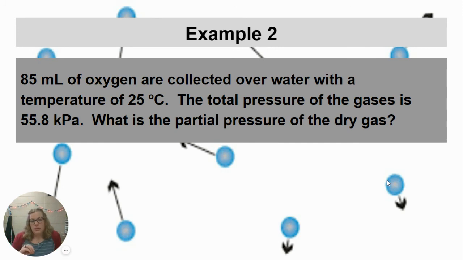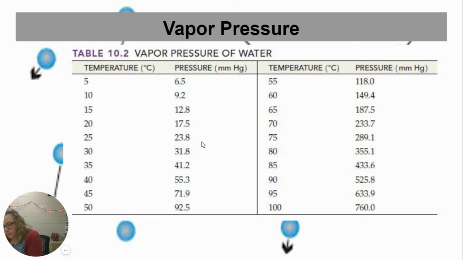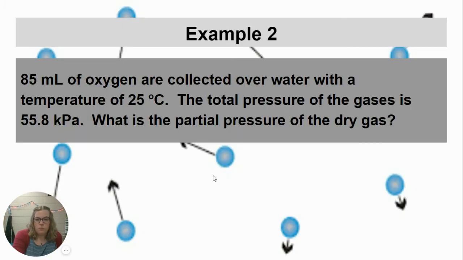This is one of those things where you can't just know the vapor pressure of water off the top of your head. You would need a chart, or they would need to tell you that. So if we go back and look, at 25 degrees the vapor pressure is 23.8, and this is in millimeters of mercury. I'm just going to make a little note of that as I go along, and we'll go back to our problem.